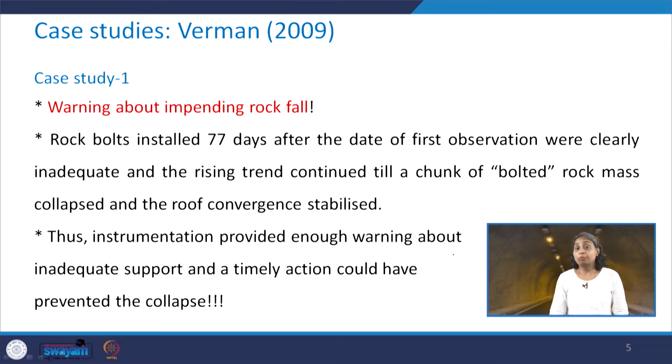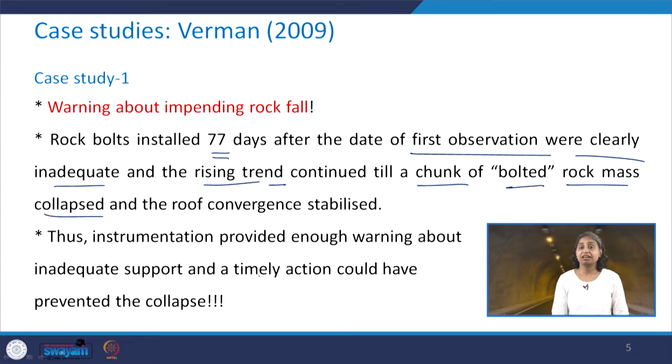So, the rock bolts installed 77 days after the date of first observation were clearly inadequate because of this rising trend, which continued till the chunk of bolted rock mass collapsed and the roof convergence was stabilized.